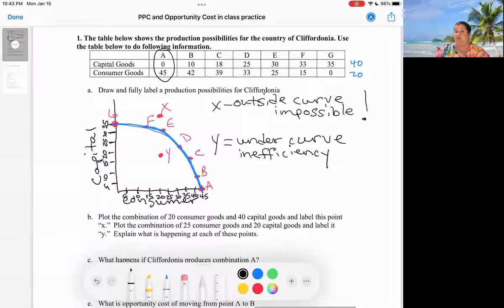Any point under the curve, you're a bunch of slackers, it's inefficiency, the resources are not being utilized to their best capability. Any point on the outside of the curve, it's impossible given the current combination of resources, technology, manpower, all of those things. We can't do it. It's impossible.